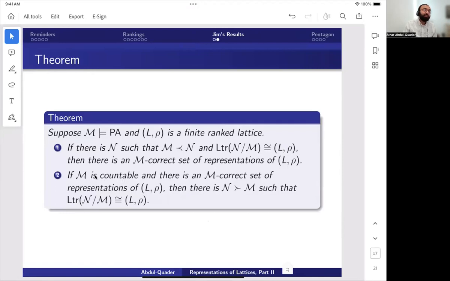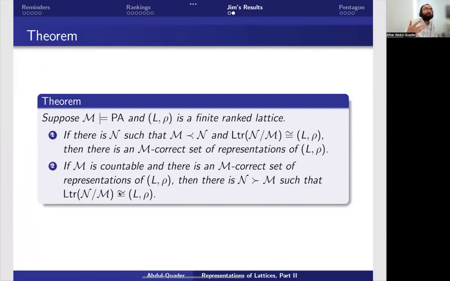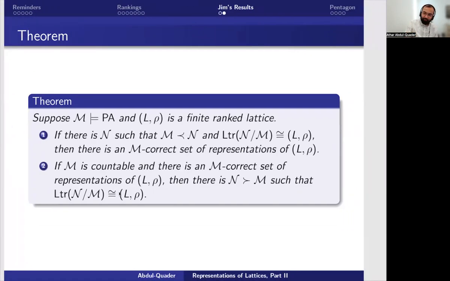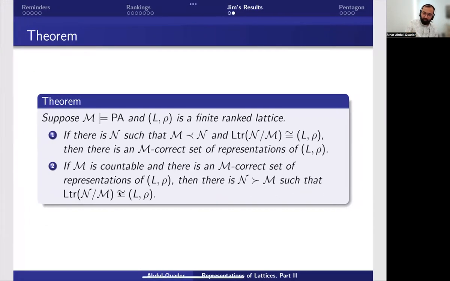And vice versa, if you have a countable non-standard model with an M correct set of representations, then you can realize this ranked lattice in an elementary extension. And so this property is what we needed to ensure we get a particular ranked lattice. Okay. Any questions?